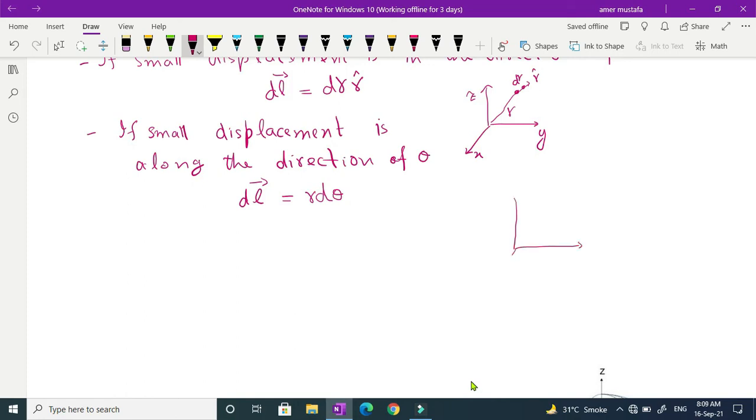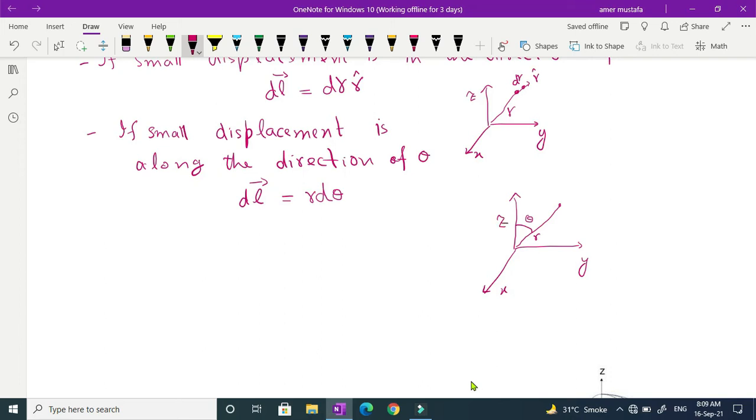If you have a coordinate system x, y, z, and suppose this is the field point, and this radial line makes an angle theta with the z axis.